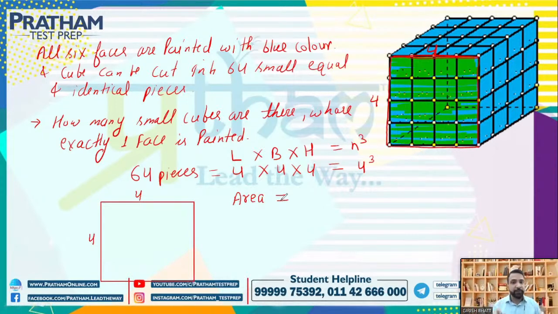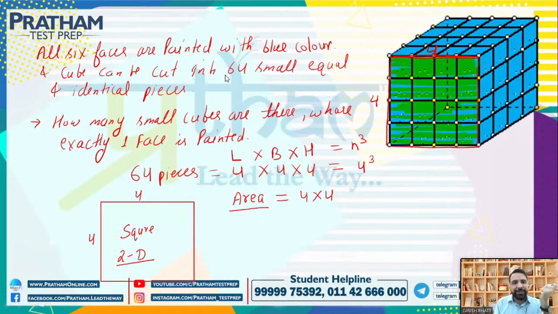Formula for area of a square. Because this is a square, right? And square is a 2D figure. In case of a 2D figure, what do we have to find? Area, right? And that is side square. Here side is 4. That is 4 into 4, right?